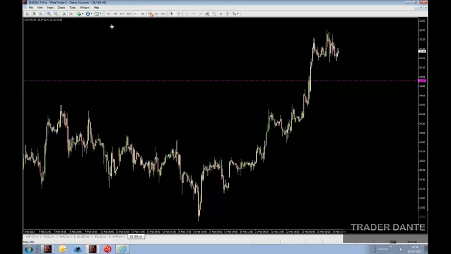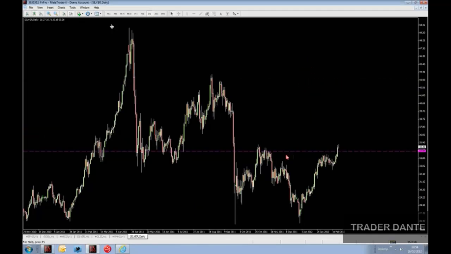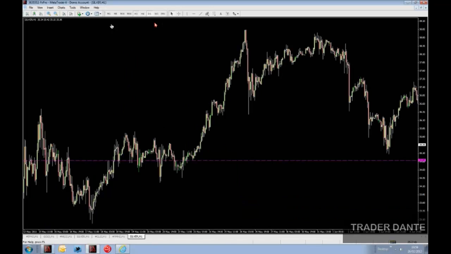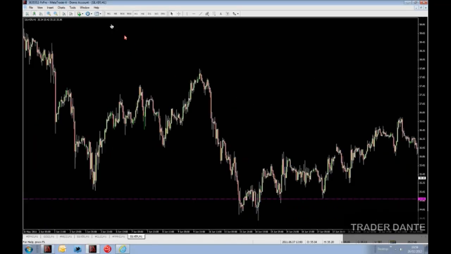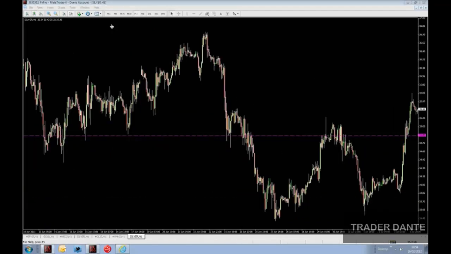I would call a level washed when historically price has spent more time trading through it than off of it. So if price is constantly washing my levels, then I would say that they're being washed and that they're not great levels anymore to me. And it will happen from time to time that your levels will just get a little bit disrespected.